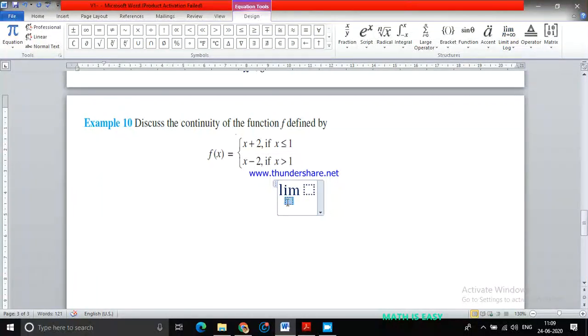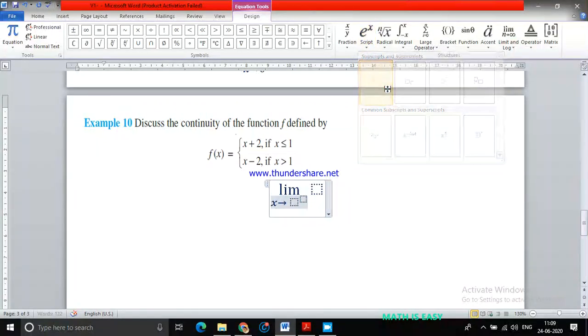So I have to check. They did not mention whether I check the continuity at x equals 0 or at x equals 1. Here they mentioned x is less than or equal to 1, x is greater than 1, which means I have to check the continuity at x equals 1 only.